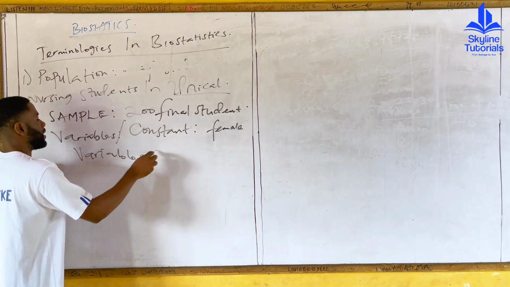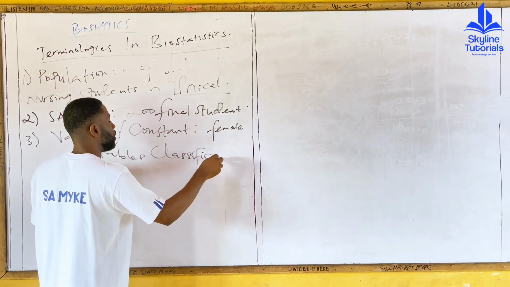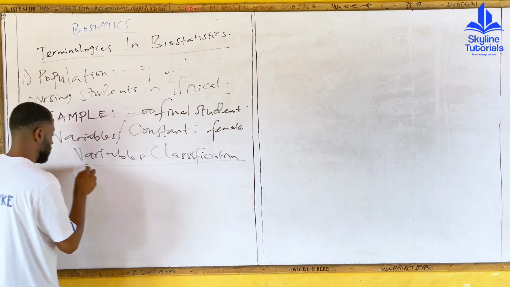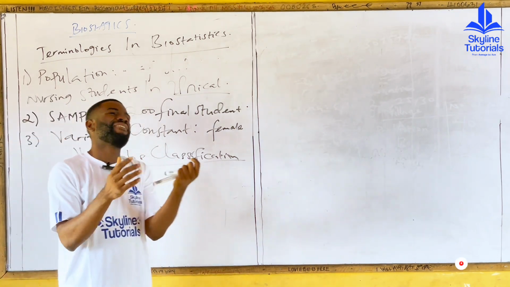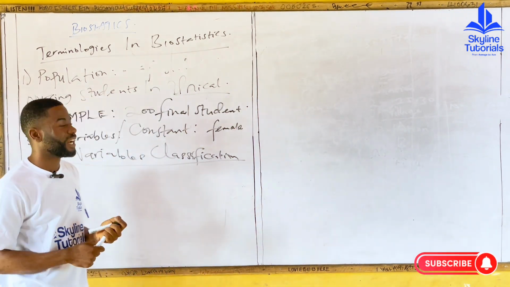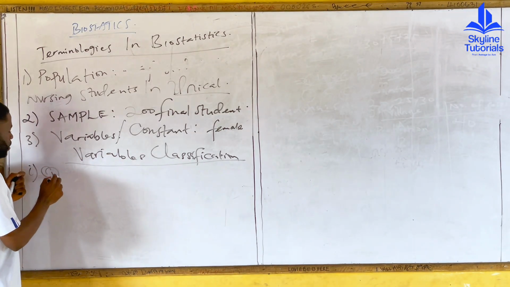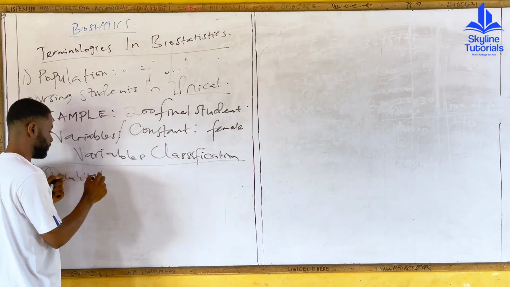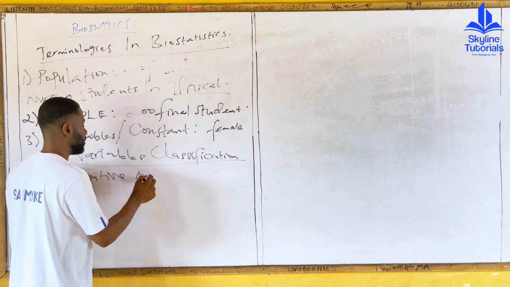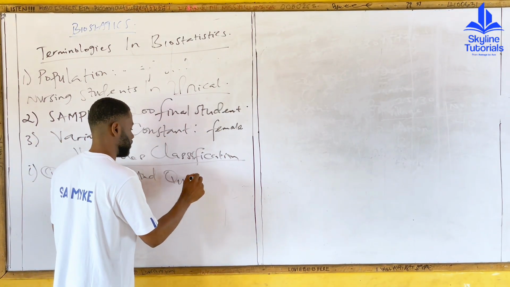Classification of variables. A variable generally can be categorized or classified into two. We have qualitative and quantitative.